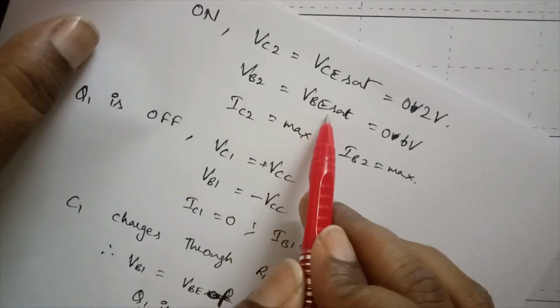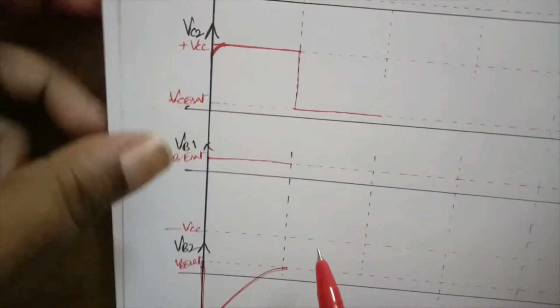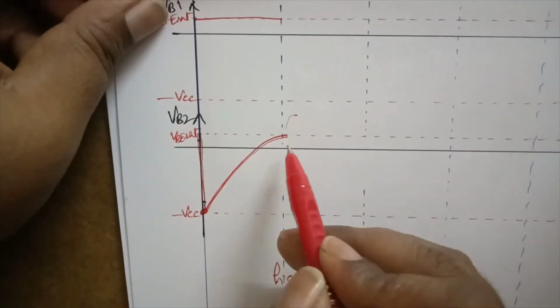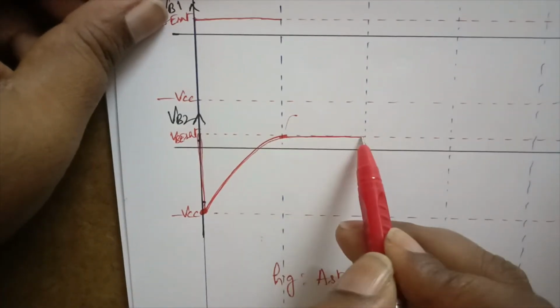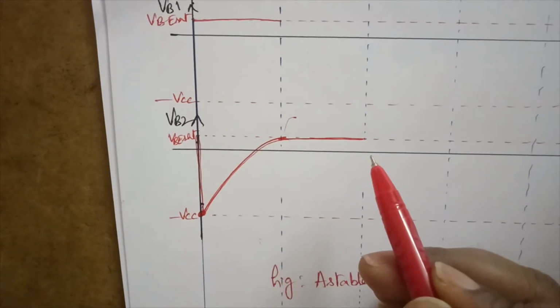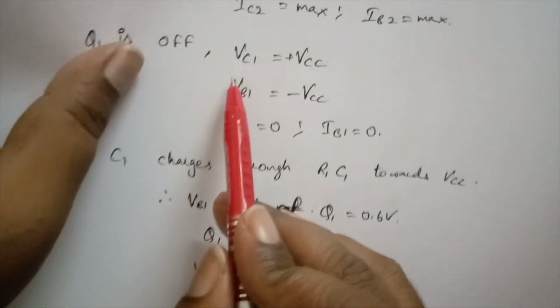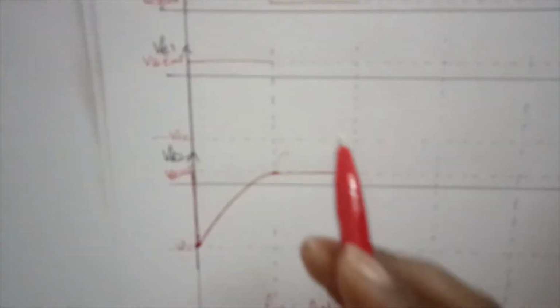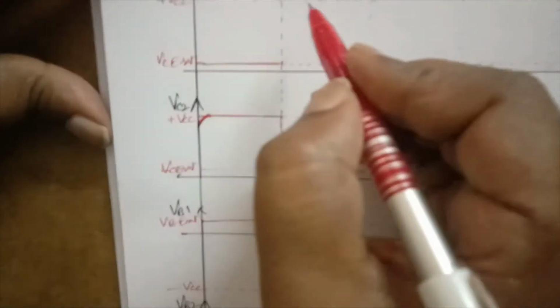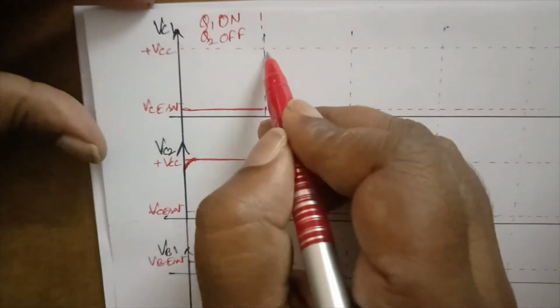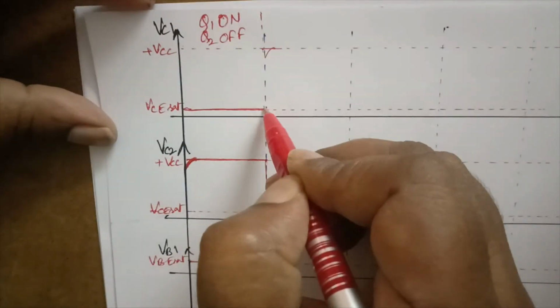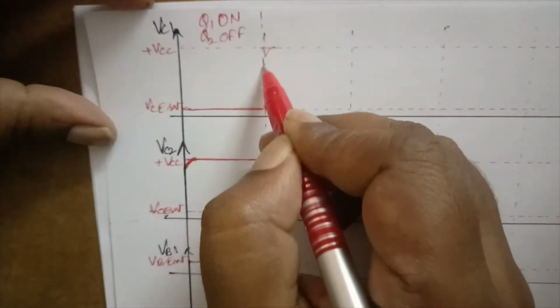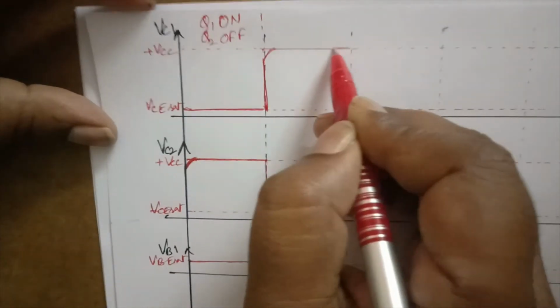VB2 is equal to VBE sat during this duration. Now VC1 is equal to plus VCC. I already told you that here we have a little bit of curved nature.